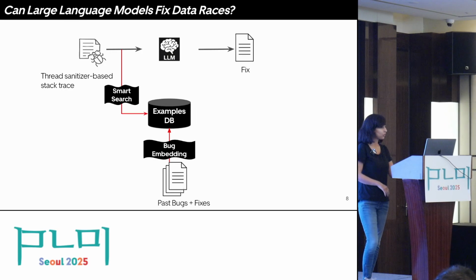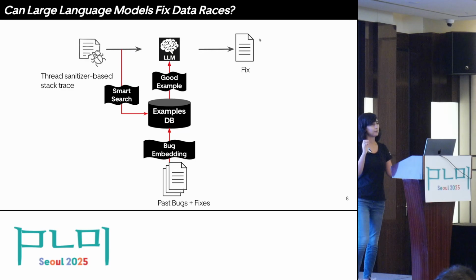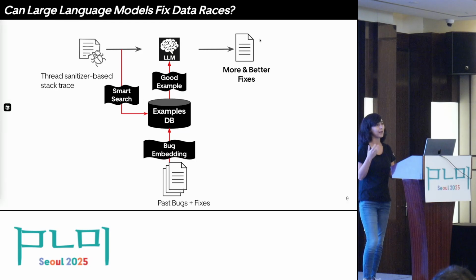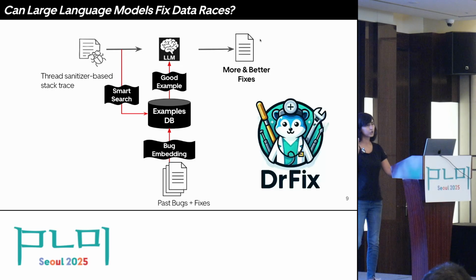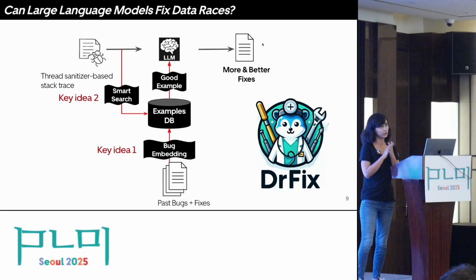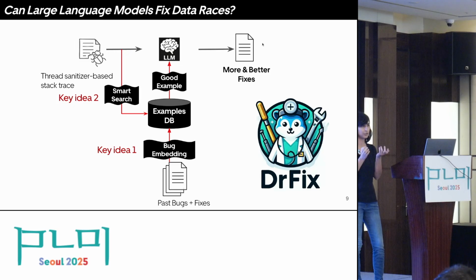We also used some smart search to find the closest matching example for the new bug that has been filed, to generate more and better fixes. Basically, the two key ideas behind Dr.Fix are generating these bug embeddings and the smart search that we do. In the next few slides, I'm going to talk about each of these ideas in more detail.